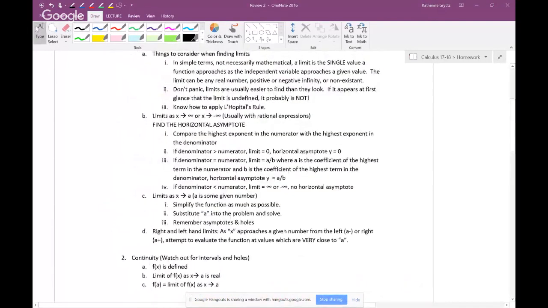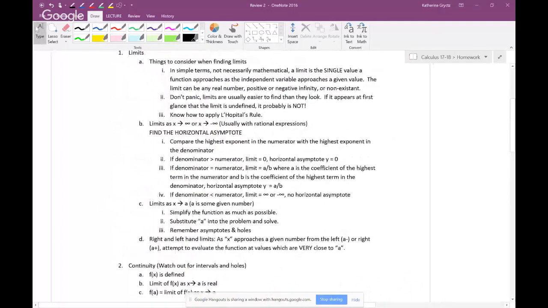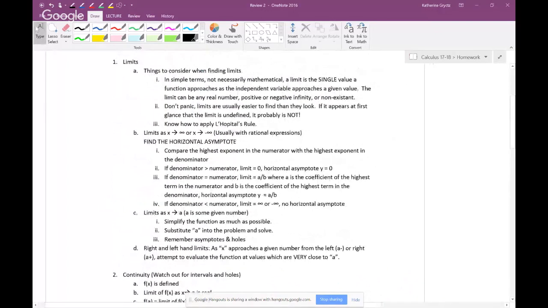The horizontal asymptote? Hold on. Compare the highest exponent of the numerator with the denominator. It never says it has to be one number. Well, the numerator exponent is, I guess, larger than the denominator because there is none.